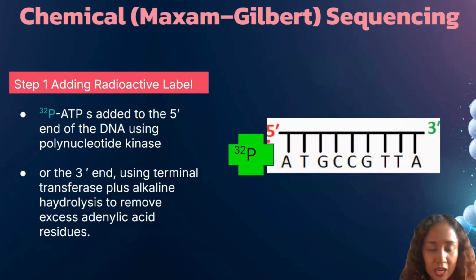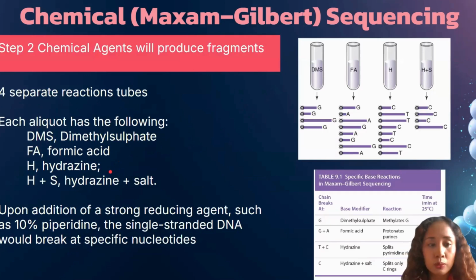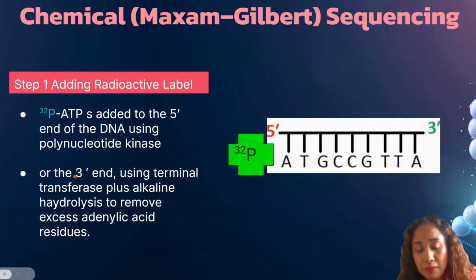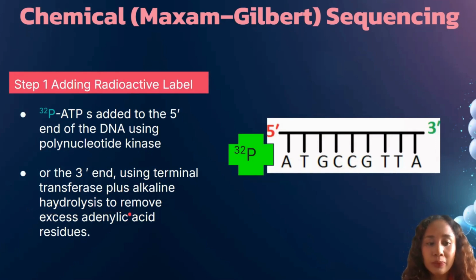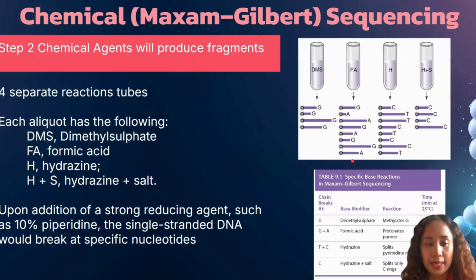Or sometimes, according to Buckingham, some methods add it at the 3' end using terminal transferase plus alkaline hydrolysis to remove excess adenylic acid residue. But usually, what we're going to talk about is the radiolabel at the 5' end.